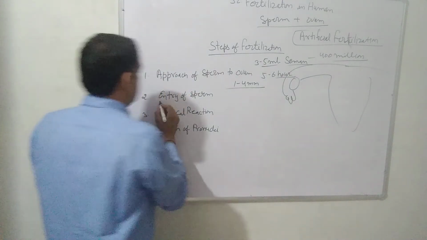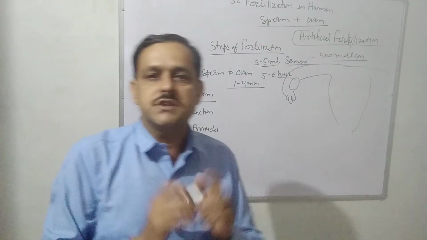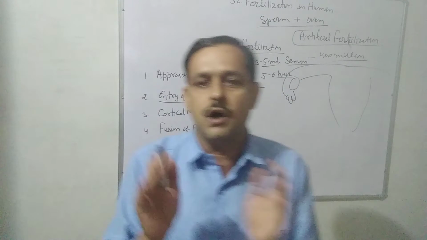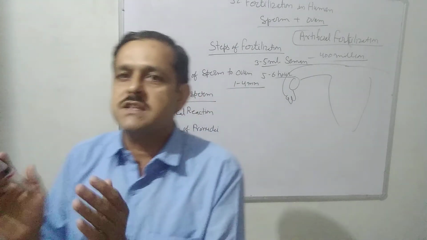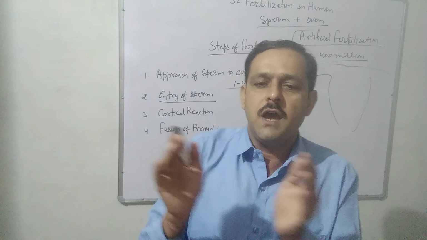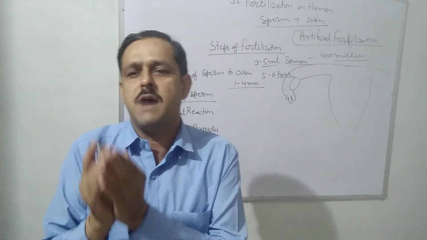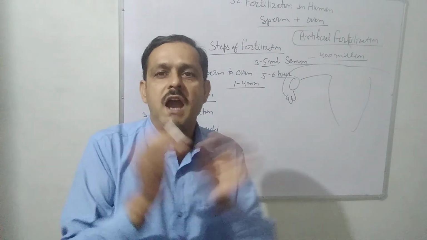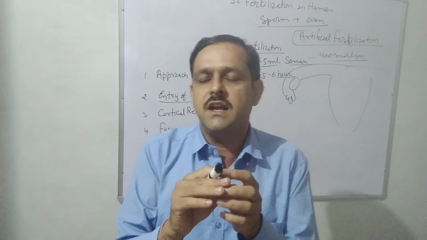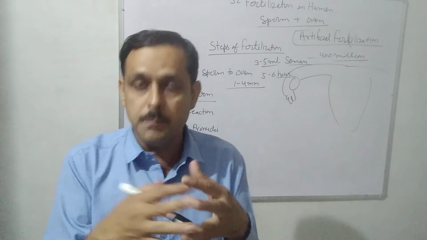Next step, entry of sperm. The ovum secretes a chemical substance which is called fertilizin on its surface. The sperms have affinity sites to which specific sperm are attached by its anti-fertilizin. Fertilizin and anti-fertilizin are just like an enzyme-substrate complex reaction.